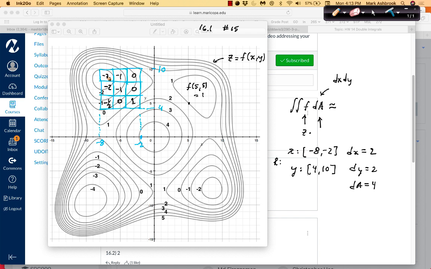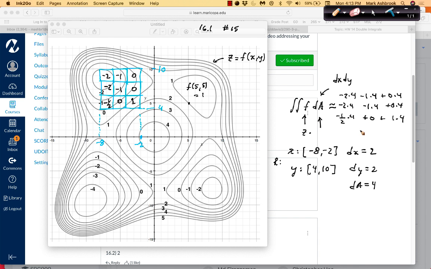So -2 times 4 plus -1 times 4 plus 0 times 4. That's the top row. Then -2 times 4, -1 times 4 plus 0 times 4, and then -1/2 times 4 plus 0 times 4 plus 1 times 4.